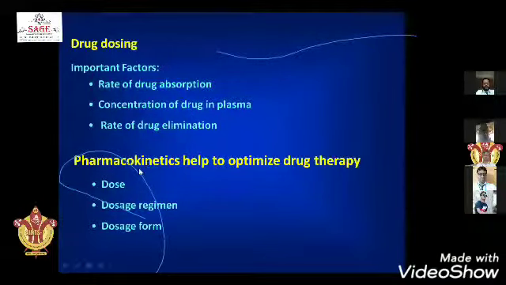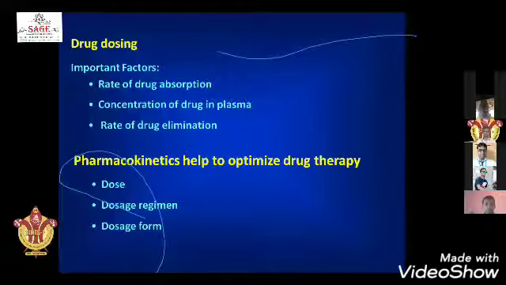Similarly, pharmacokinetics helps in optimizing drug therapy, like what dose to be delivered and what dose regimen. Dose regimen means the frequency of the drug to be delivered to any patient or human volunteer for getting the response for the whole day, say 3 times a day or 2 times a day.